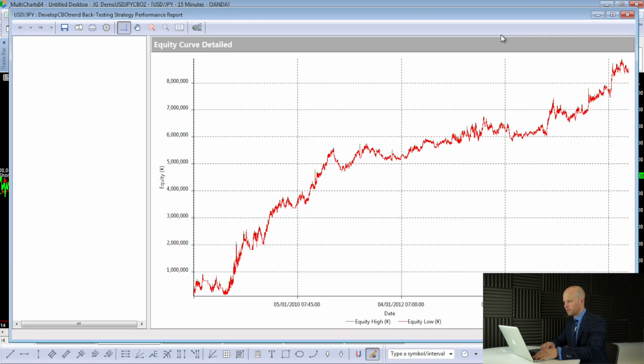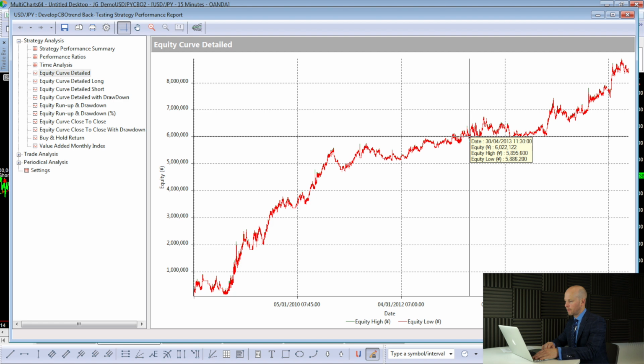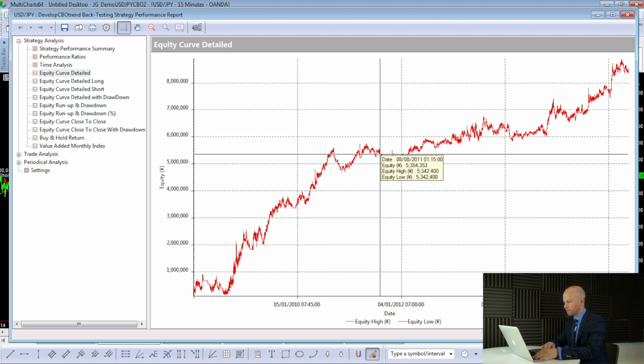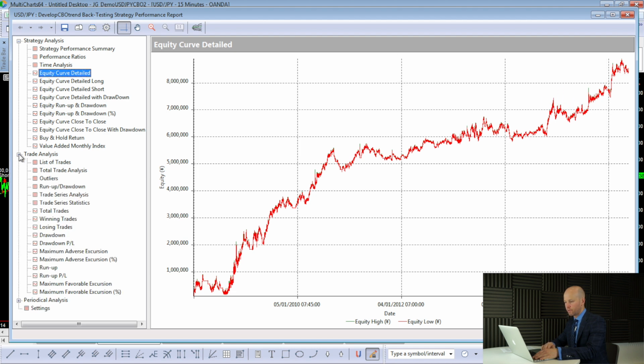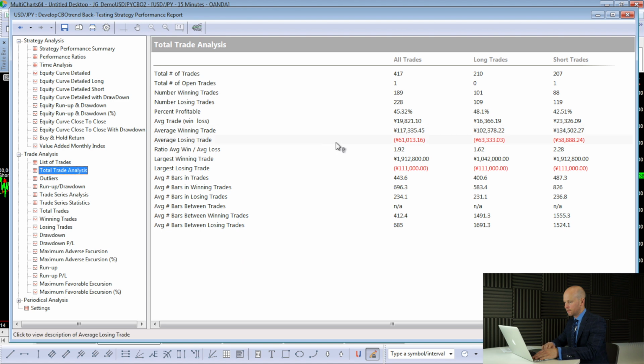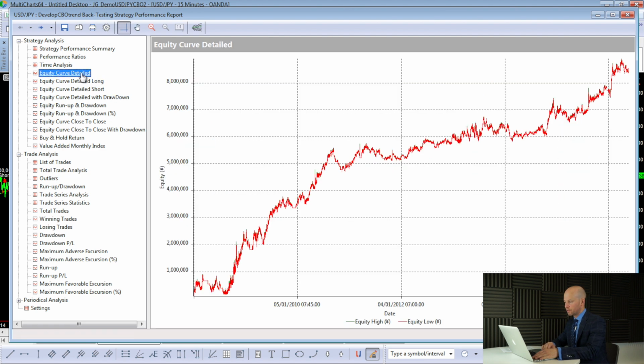And if we look at the equity curve, it's a similar equity curve, ever so slightly flatter, because if we look at our total trade analysis, we've still got a large 19,800 yen average trade, and we can see that the trading costs have gone on to the largest losing trade as well. So for those of you who like to see reports with trading costs, there we go.